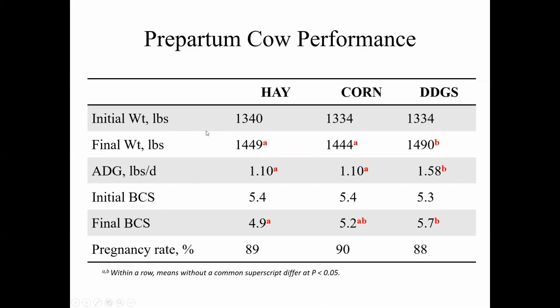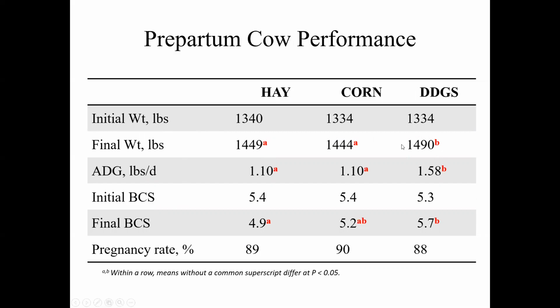The initial weight of the cows on this study was about 1,335 to 1,340 pounds. The hay and the corn cows both finished at around 1,445 to 1,450 pounds.